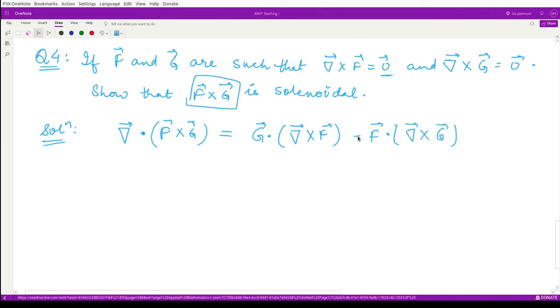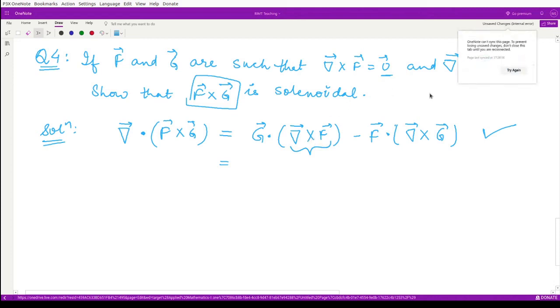If you didn't already know this identity, just wait for a few more videos and you'll be able to know from where we obtain this identity, right? As of now you just assume that there is some formula of this kind. Okay, so now this quantity is equal to 0.